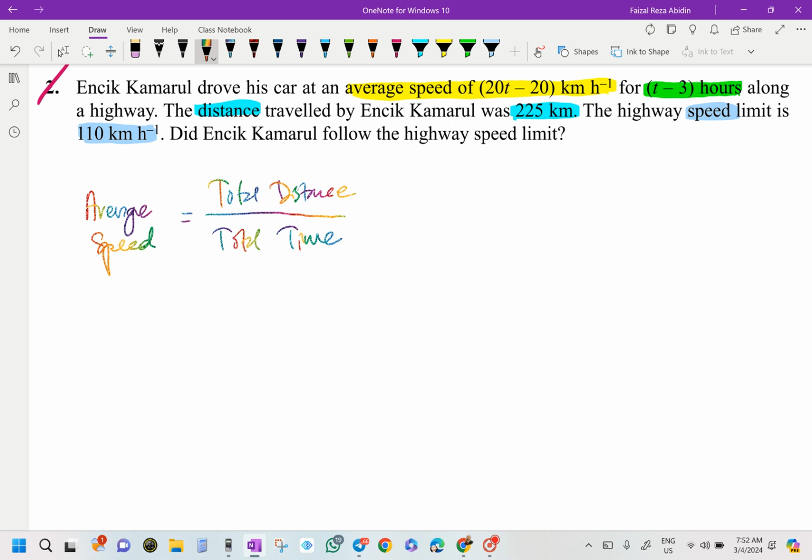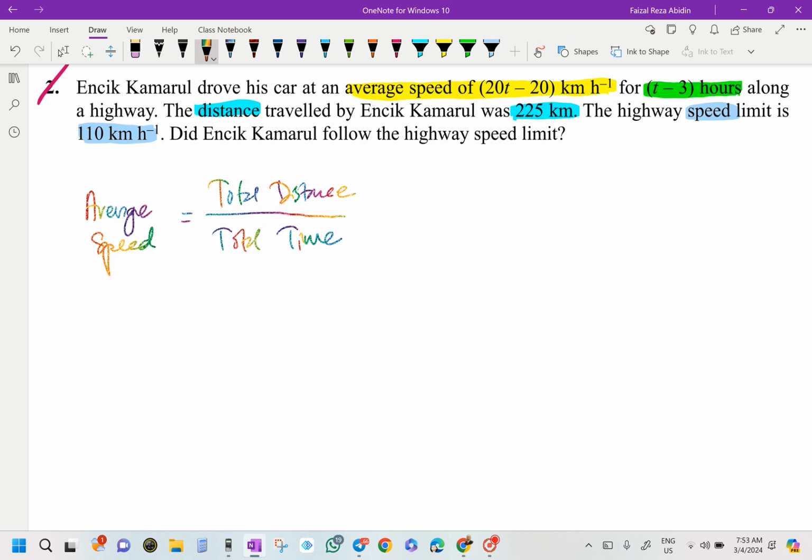The distance travelled is already given. Also we have our time, isn't it? Sure? You don't have time there, only t minus 3, the variable. And the average speed we have is 20t minus 20. So how are we going to find our t now?